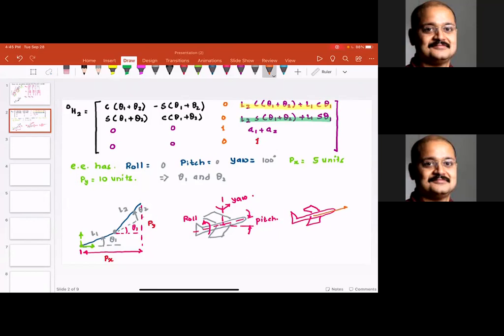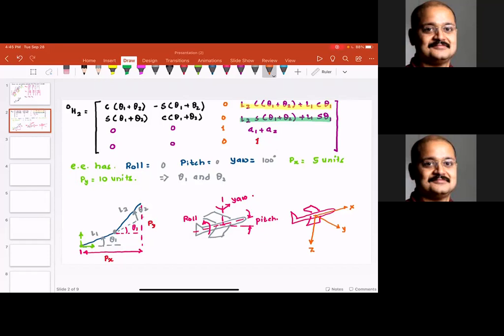So your thumb is going to be in the north direction. So north, then east is going to be this, so Y. And this is going to be Z. So now check this out.